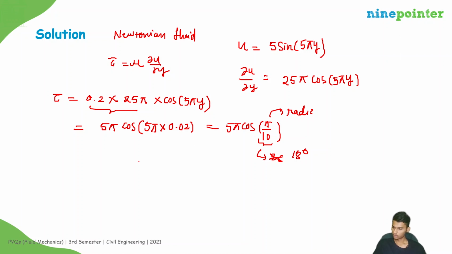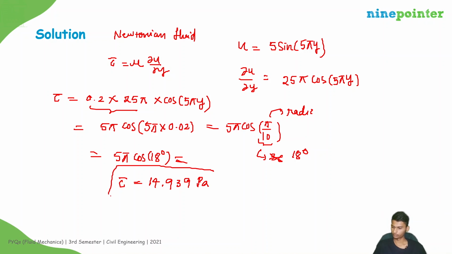So this equals 5 pi cos of 18 degrees, that is 5 into 5 into cos of 18 degrees. From this we get tau equals 14.939 pascals. This is the answer for this question.